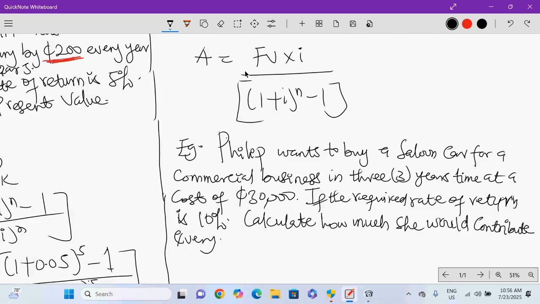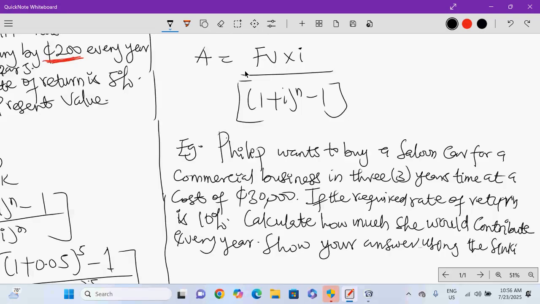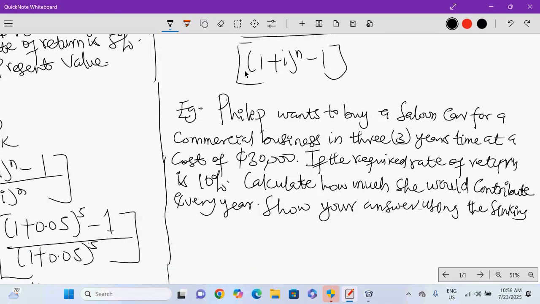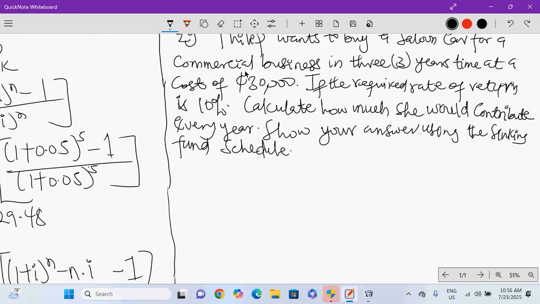How much you will contribute every year. Full stop. Show your answer using the sinking fund schedule.